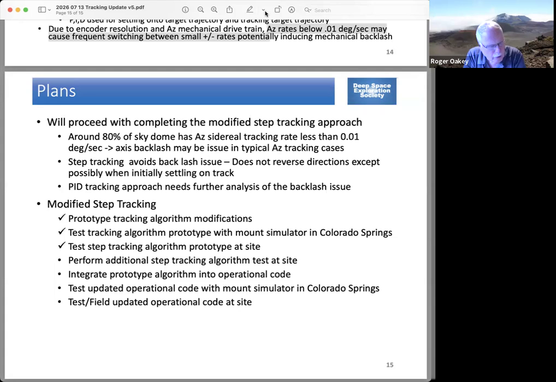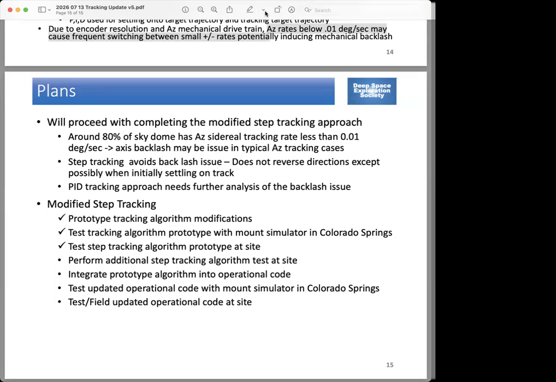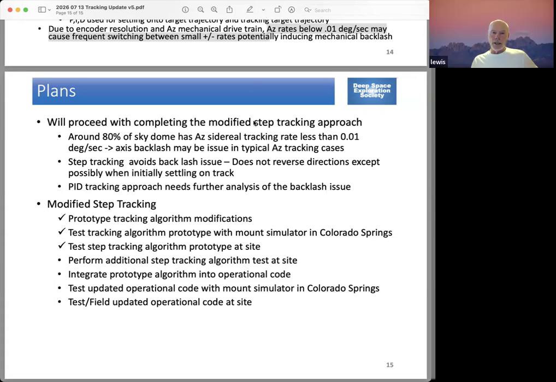Okay. My goal for Friday is to just go down there and see if these encoders are behaving the way I think they're behaving before I invest many lines of code. So that's really all we had.